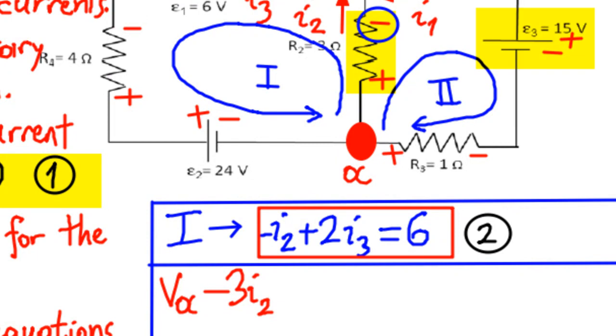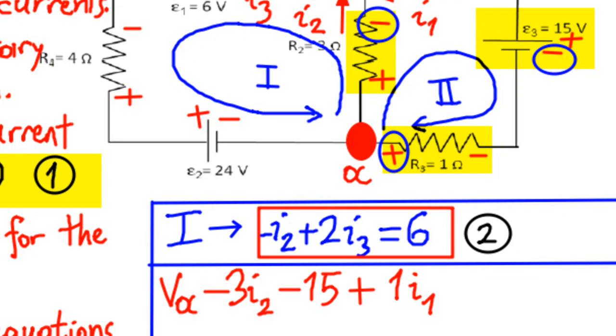For battery 3, we take the lower sign, which is negative, then the voltage is 15 volts. For resistor R3, we take the leftmost sign, which is positive, and calculate the voltage as 1 times I1. And finally, we reach potential at point A.